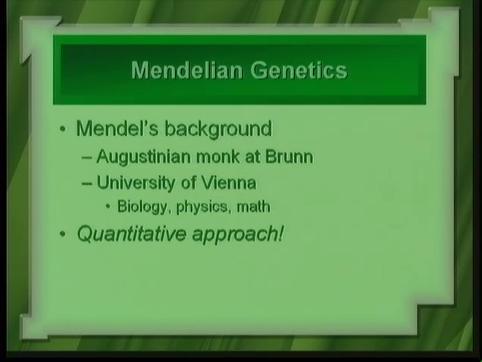Another thing too, maybe partly due to the fact that he had all this exposure to physical sciences as well as mathematics, he was the first person in biology to take a quantitative approach. He kept records, and he counted things and measured in that way. Amazing. He's the first biologist, or somebody working with living things, to take a quantitative approach.